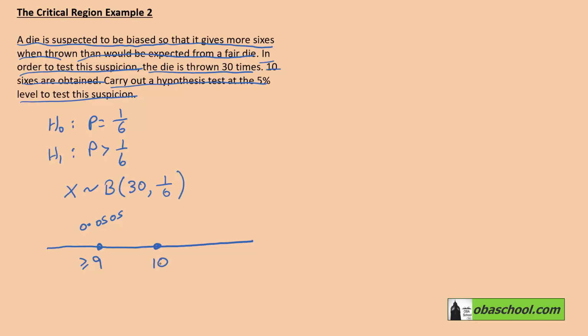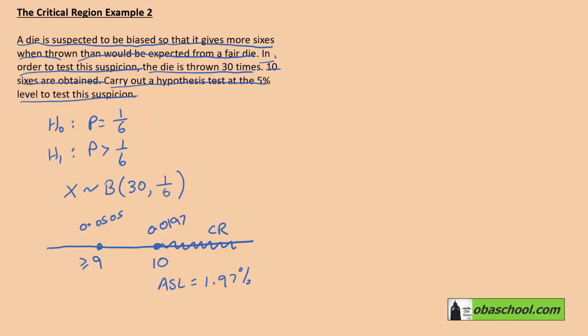But when I went for 10, that gave me 0.0197, and that's less than 5%, and therefore the critical region is from 10 upwards. So the actual significance level for the test is actually 1.97%.